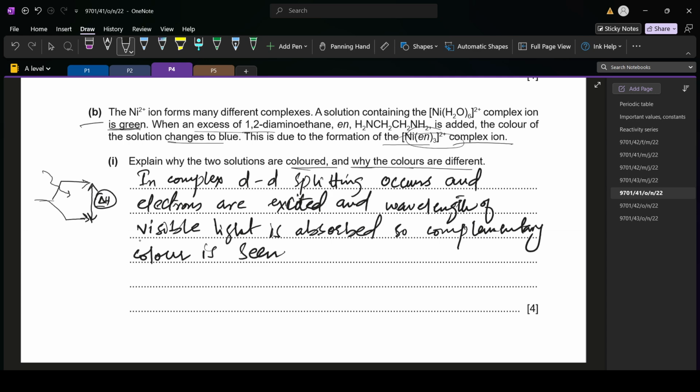And why do they have different colors? Because this energy change could be different, or the frequency or wavelength which is absorbed could be different.